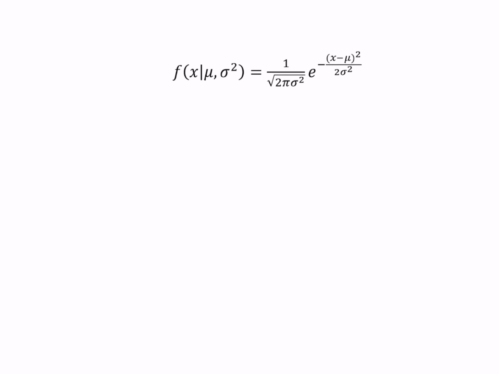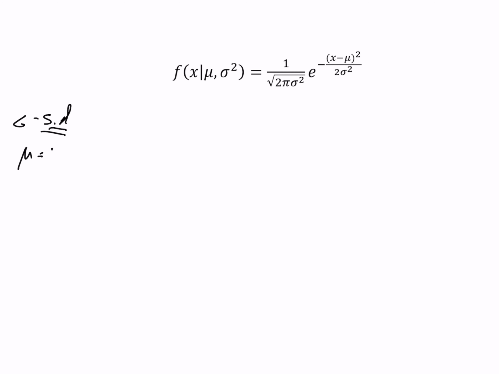We are already familiar with this equation. What do we need? We need sigma, the standard deviation. And how do we get the standard deviation? From the datasheet. The sensor's datasheet will tell us the standard deviation of this sensor. What is mu? Mu is the computed distance from the ith particle to the landmark.